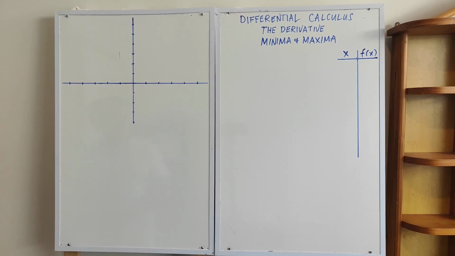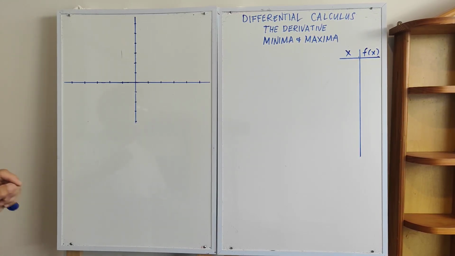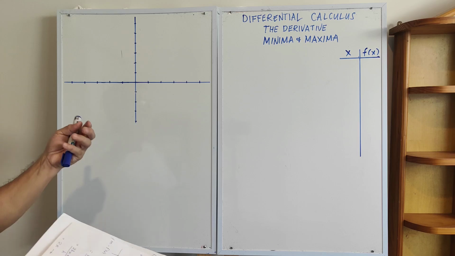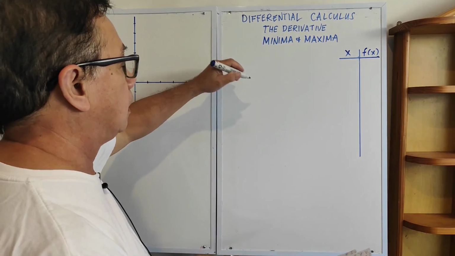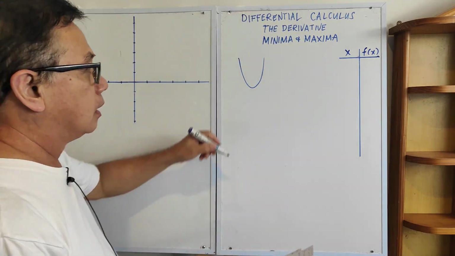Now, equations that have a higher degree, degree meaning the highest exponent of the equation, of degree 2 or 3 or 4, will have different shapes of curves. For example, the parabola would be shaped like this.